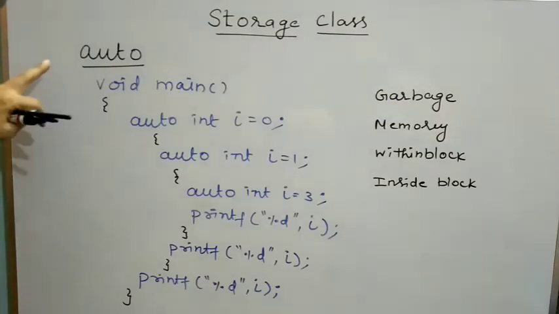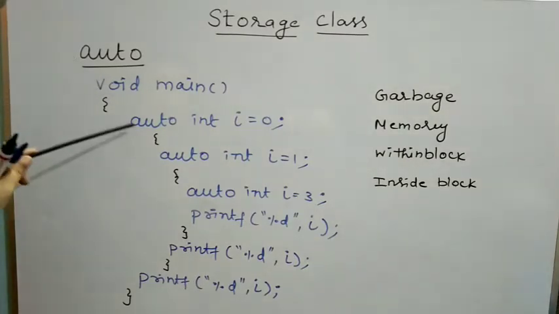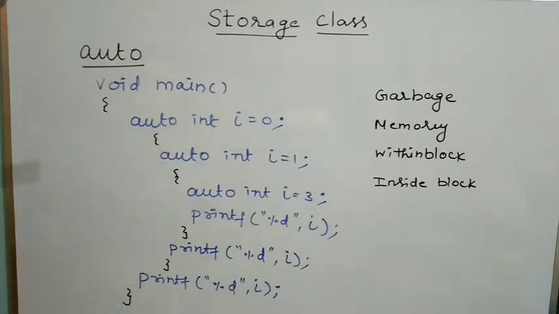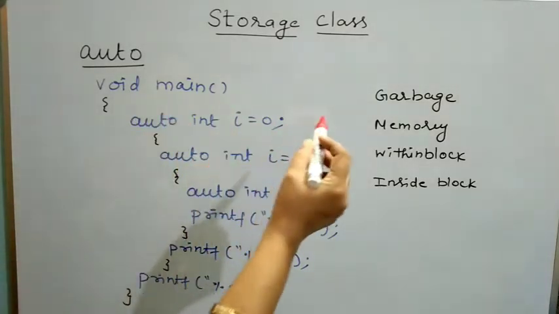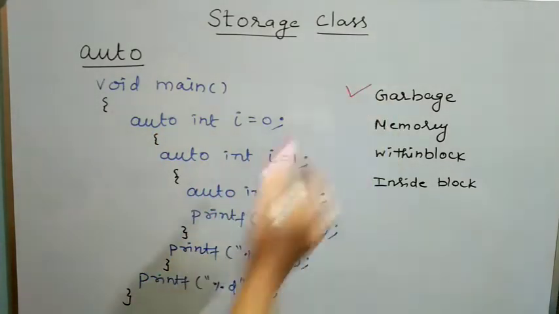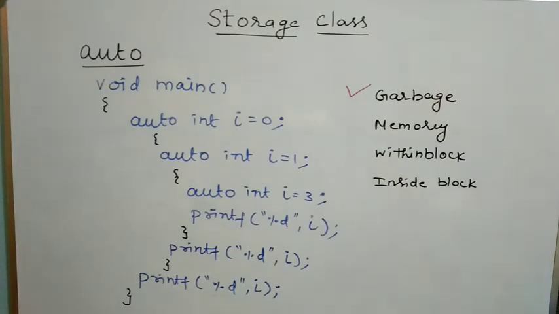In this video we are going to explain the access specifier auto, which can be attached if we are declaring some variables. Before that, I will explain what the auto storage class represents. Initially, if we declare a variable with access specifier auto, it takes a garbage value, that is an undefined value.